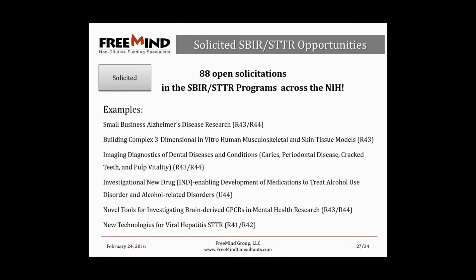You have a specific solicitation for Alzheimer's disease, another one to build 3D complex models, one to fight alcohol addiction, and even find new technologies for viral hepatitis, STTR. If you find a solicitation that is just right for you, I strongly encourage you to submit through that solicitation. But even if you don't, remember that 60% of the awards are given through unsolicited mechanisms. So it is perfectly okay, and still, please submit.